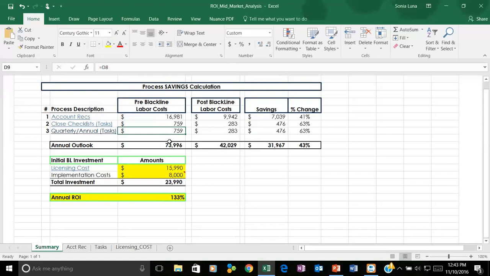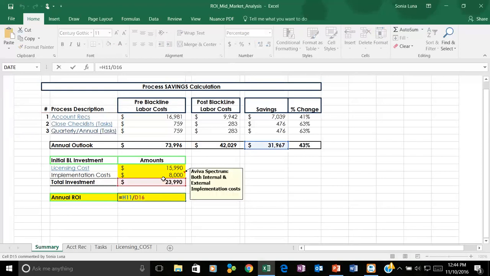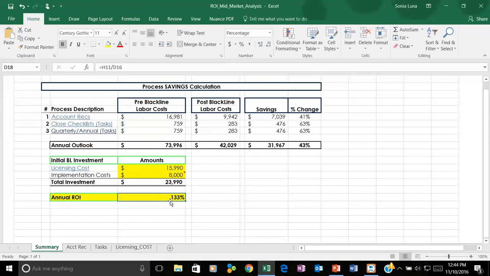So multiply the pre-BlackLine month-end items by 4 in this calculation. You'll see post is also multiplied by 4, with total savings of $31,000, which is a function just across here. And then you have an annual ROI model for the first year: if this is the true investment you're making in BlackLine, here's your total first year annual savings of $31,000, and therefore you have an ROI of 133%.